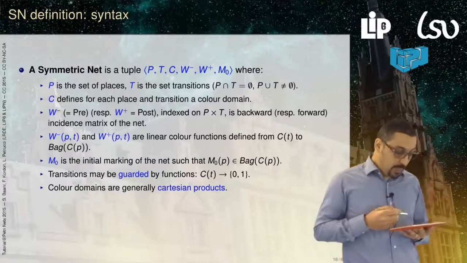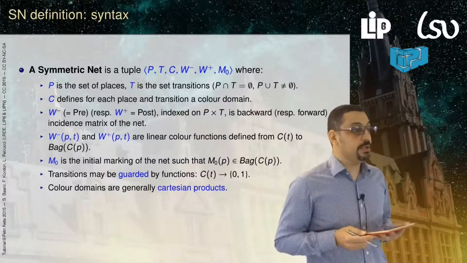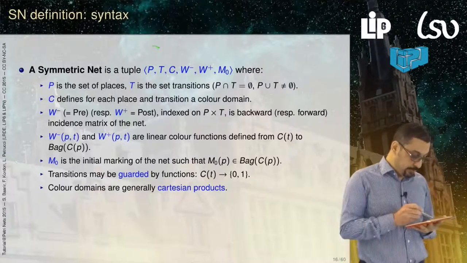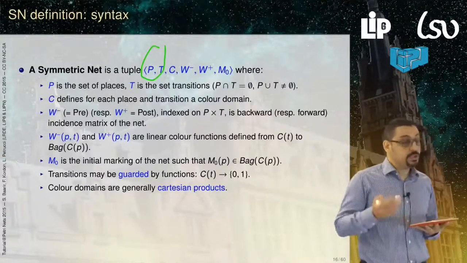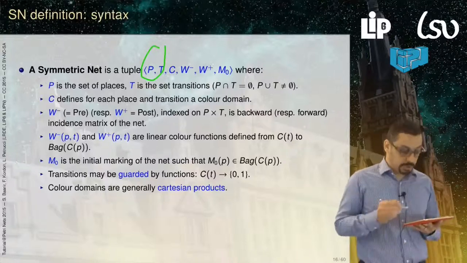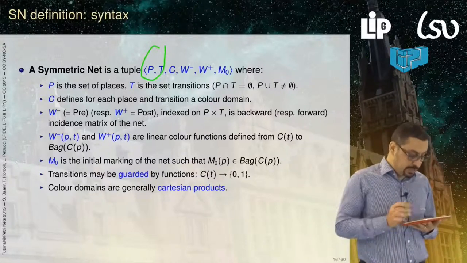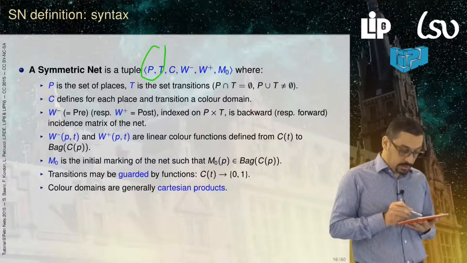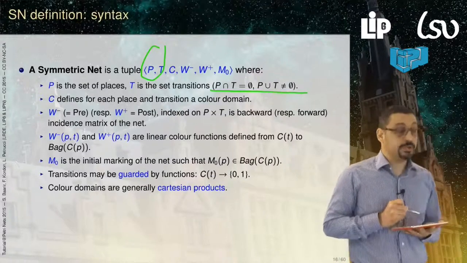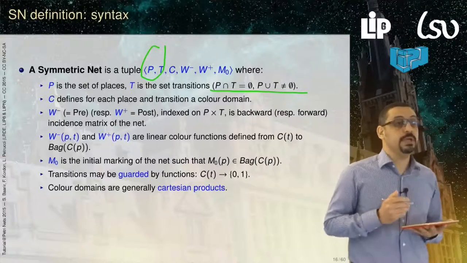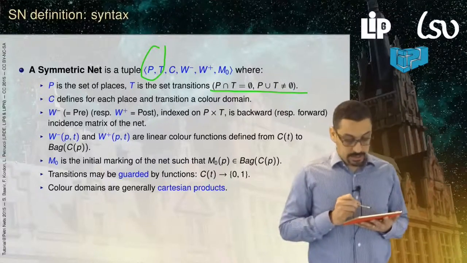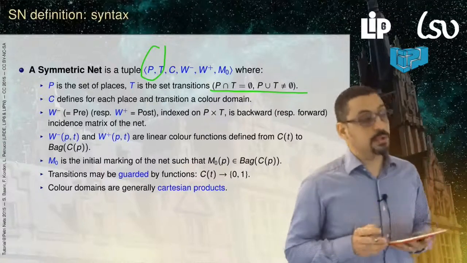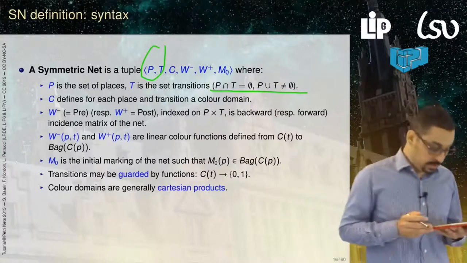As usual, a symmetric net is a tuple composed of the traditional place and transition sets, with the traditional constraints between them: the intersection of the place and transition sets is empty, and their union is not empty.